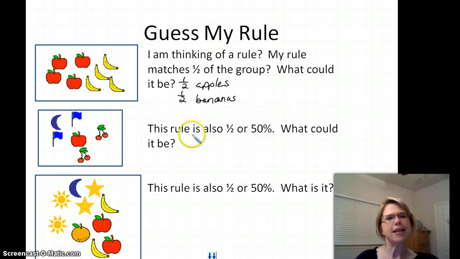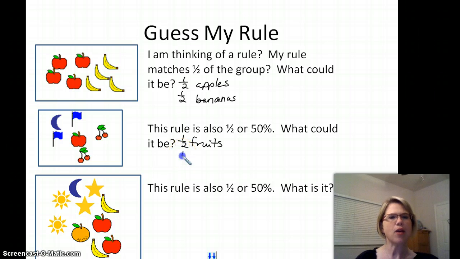So let's see. 1/2 are fruits, right? So 3 out of 6, right? Up here it was 4 out of 8. Here it's 3 out of the total 6.